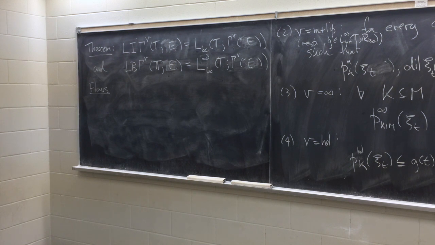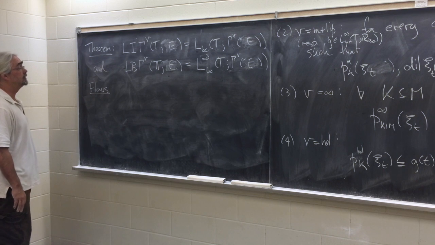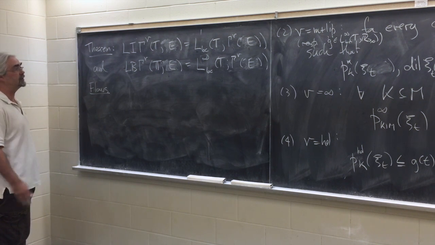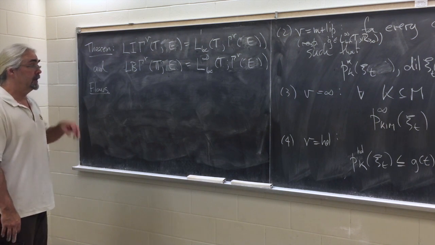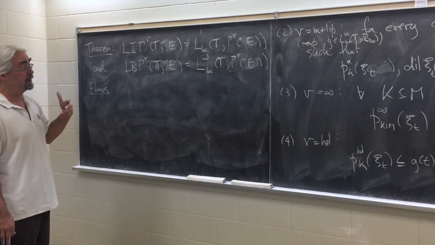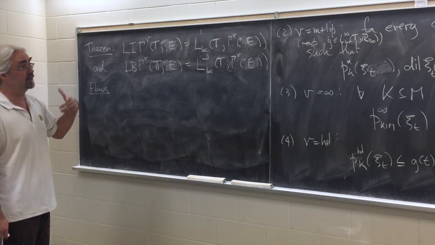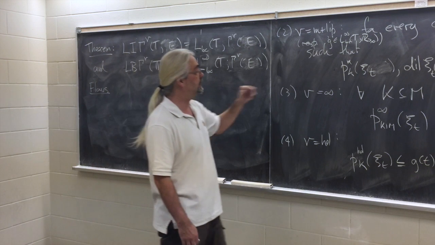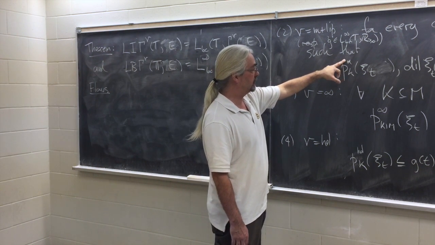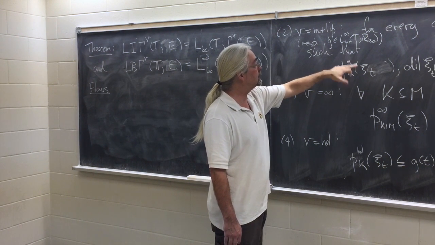Just by standard local existence and uniqueness results, you have existence and uniqueness of flows, except in one case, and that's the m equals 0 case.